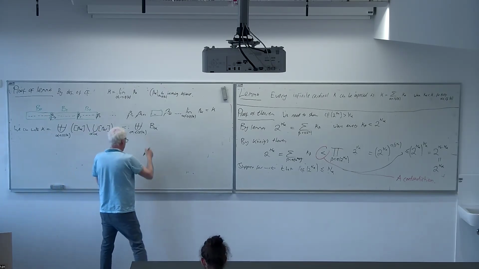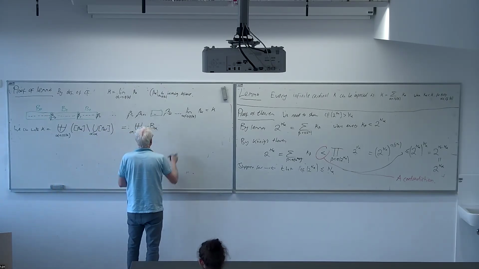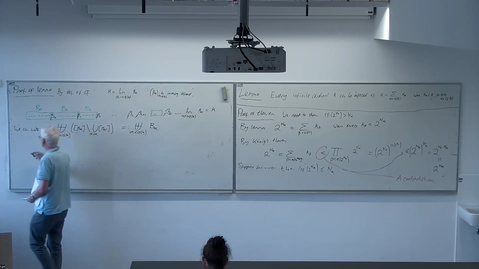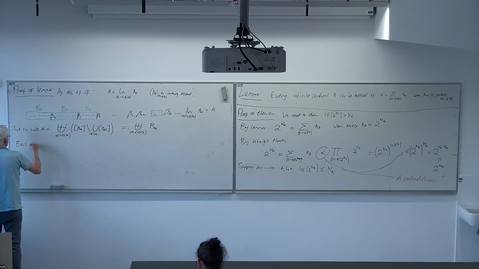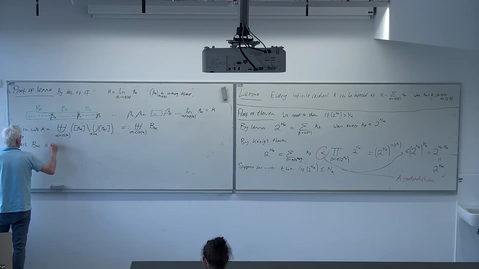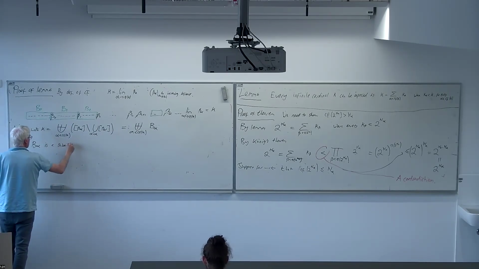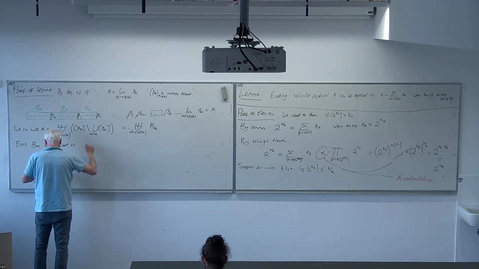Each B alpha is a set of ordinals strictly lower than beta alpha.